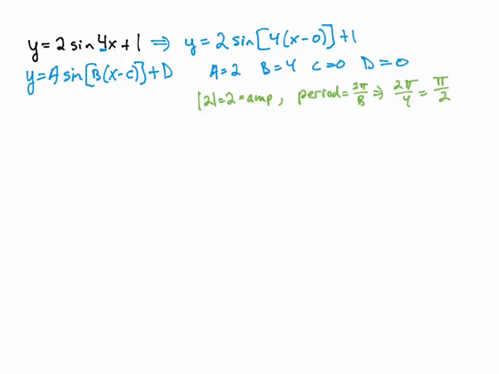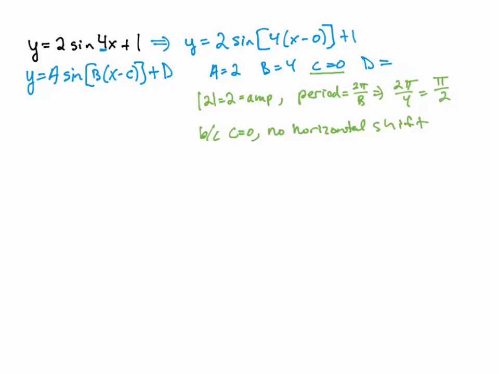The horizontal shift is going to correspond to the c value. Because c is equal to 0, we would say no horizontal shift. And I made a mistake here.